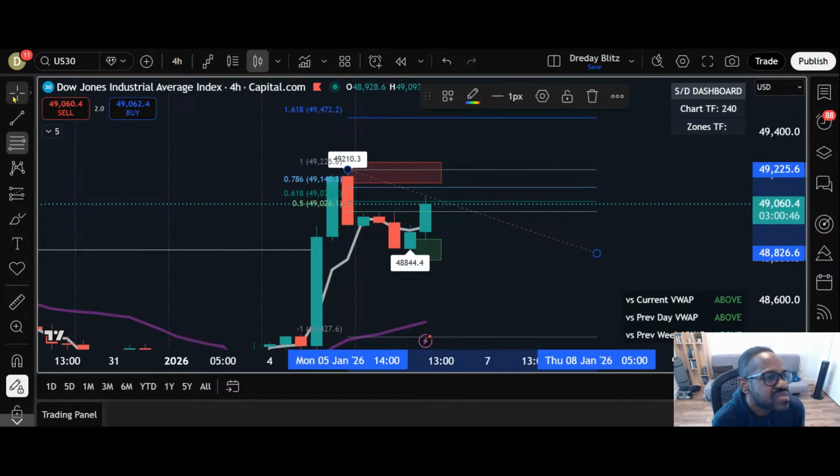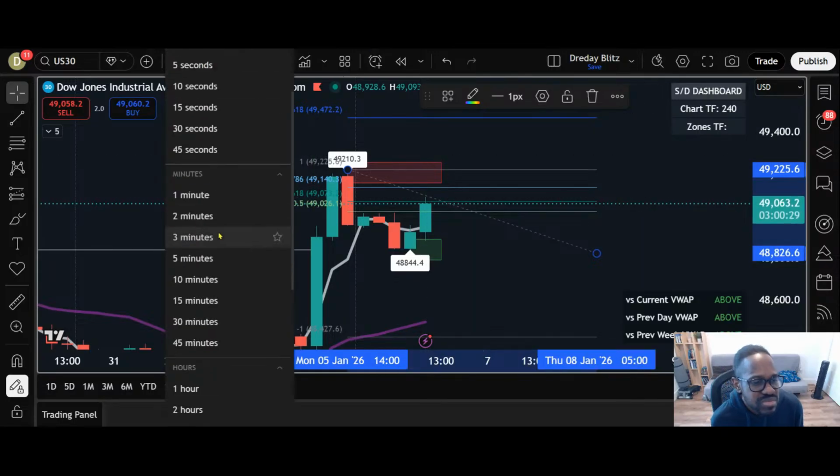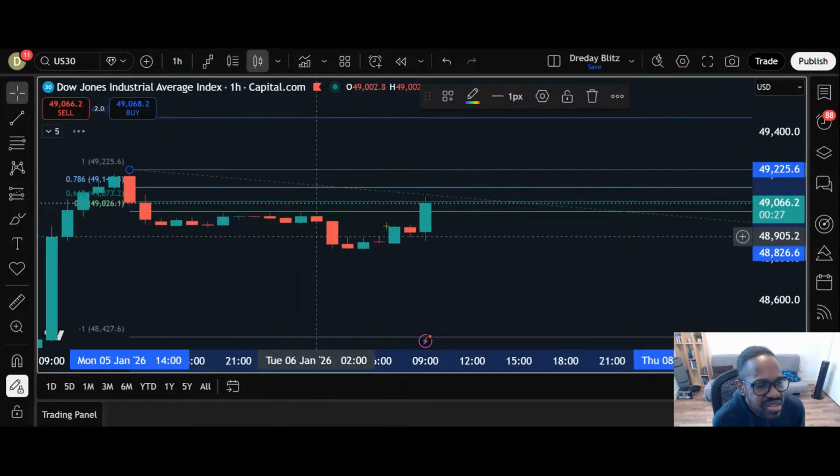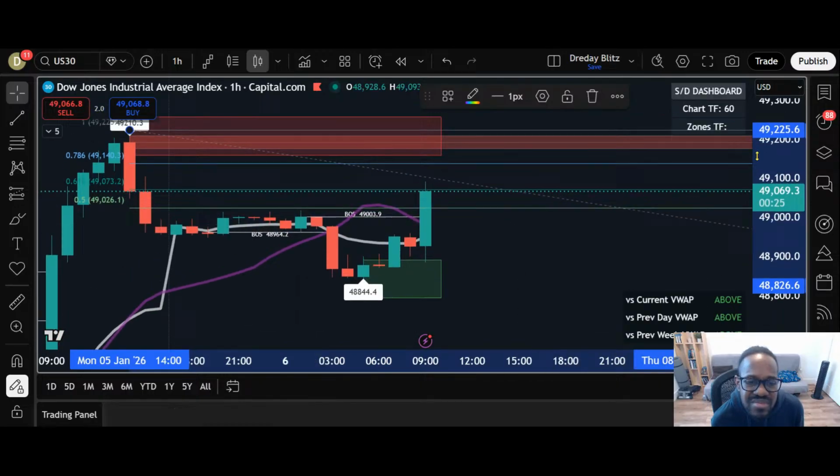As you can see here, we have 50%, 61.8 is right here, and we have 78.6. So that's off of the 4-hour. You could refine that going to the lower time frame.